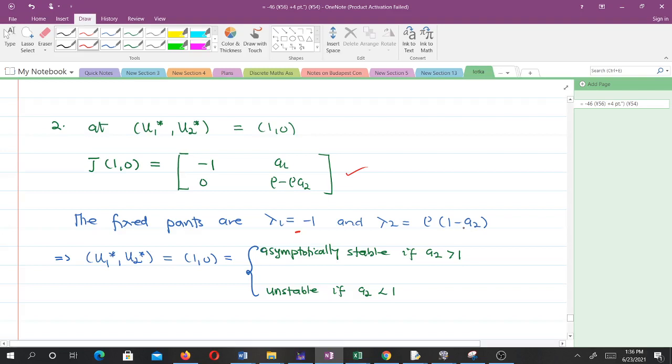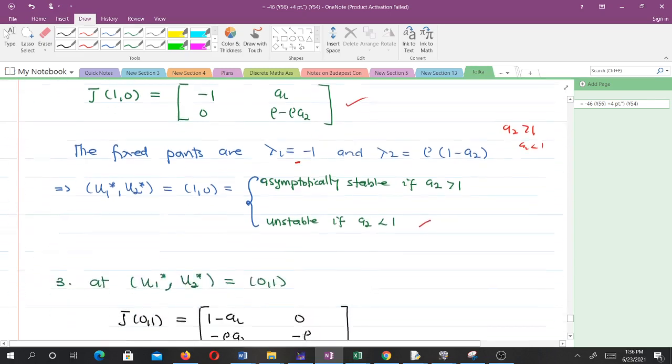And the only case when this will be negative is when a2 is greater than 1. But when a2 is less than 1, this will be positive, and that will make the system unstable. So that's why we are saying that u1 star, u2 star equals 1, 0 is asymptotically stable if a2 is greater than 1, and it's unstable if a2 is less than 1. Okay, so that's for the second fixed point.